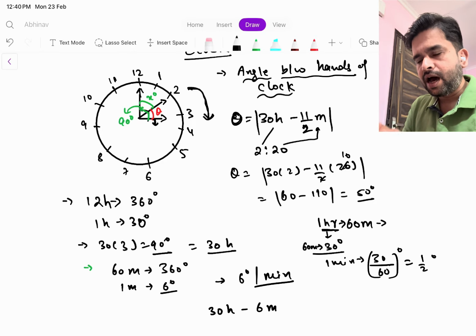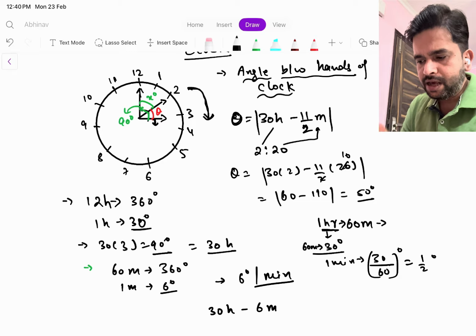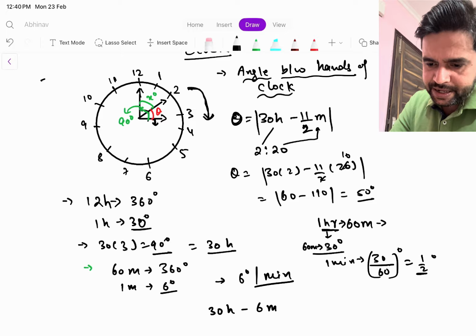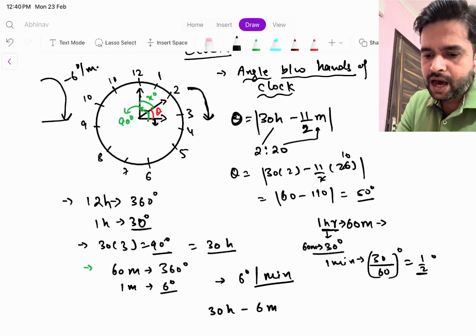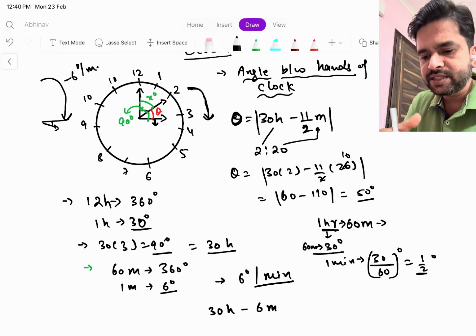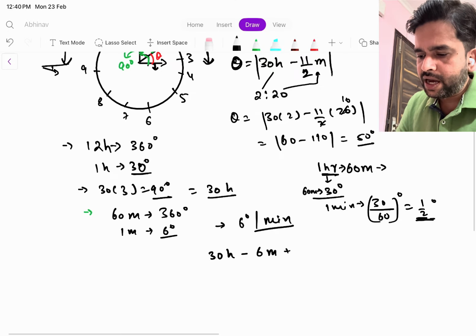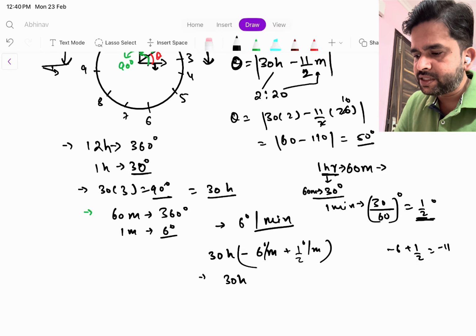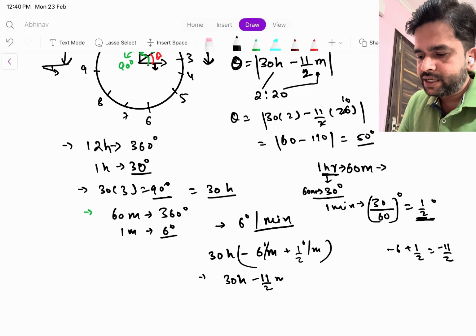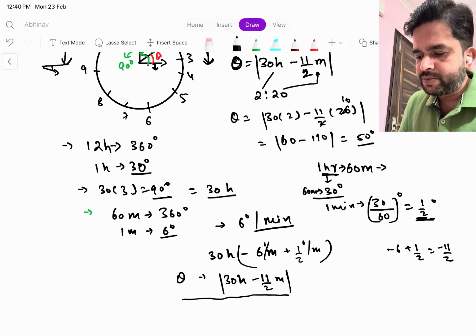So what is happening, that our hour hand is covering 30 degree in 1 hour and half degree in 1 minute. So when minute hand is moving in clockwise direction and it is subtracting 6 degrees per minute, our hour hand is also moving and it is generating some angle which is half degree per minute. So I'll add half degree per minute in this. So this will now come out as 30h minus 6 plus half, which is minus 11 by 2. 30h minus 11 by 2m is the formula for angle between hands of clock.